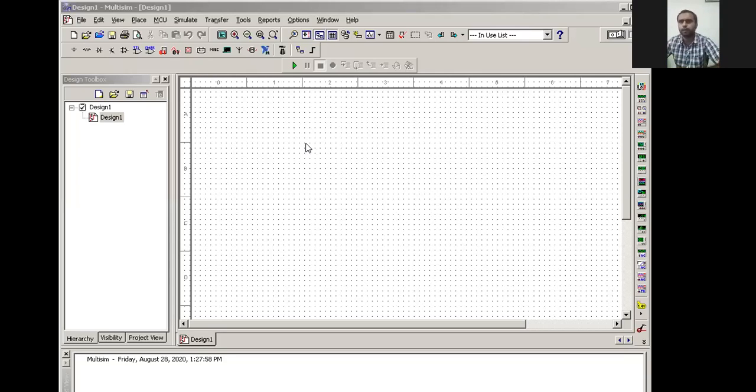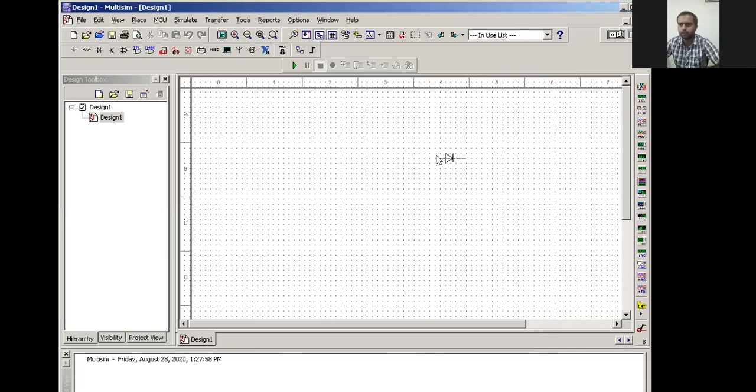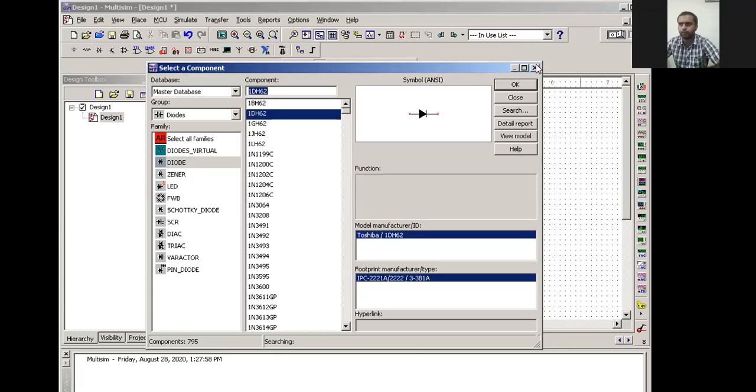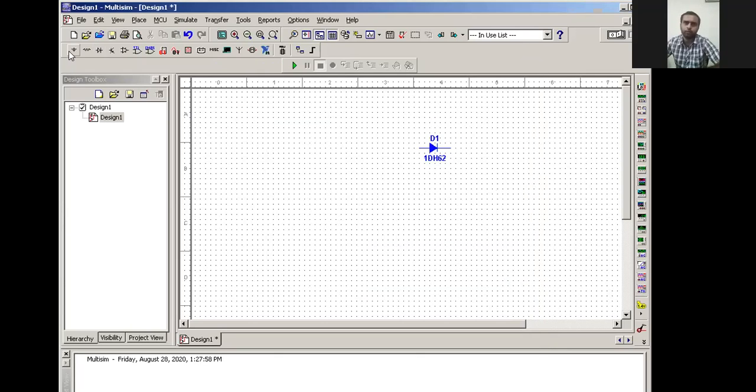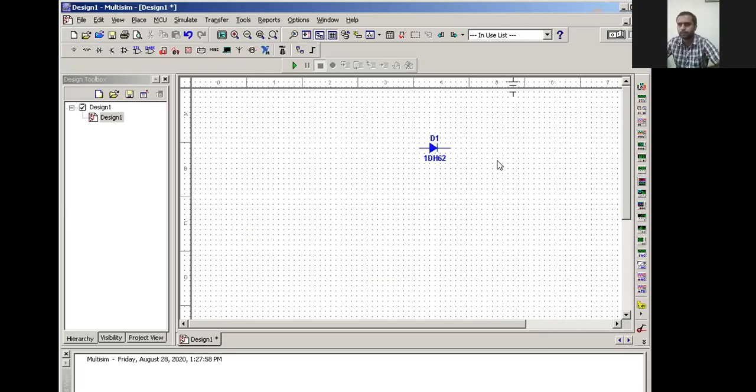Okay. First of all, we take a diode. This is the software, and we take a diode from here. This is the PN junction diode. Just click OK, and we put it here. Now we use a power supply, and this is the power supply.